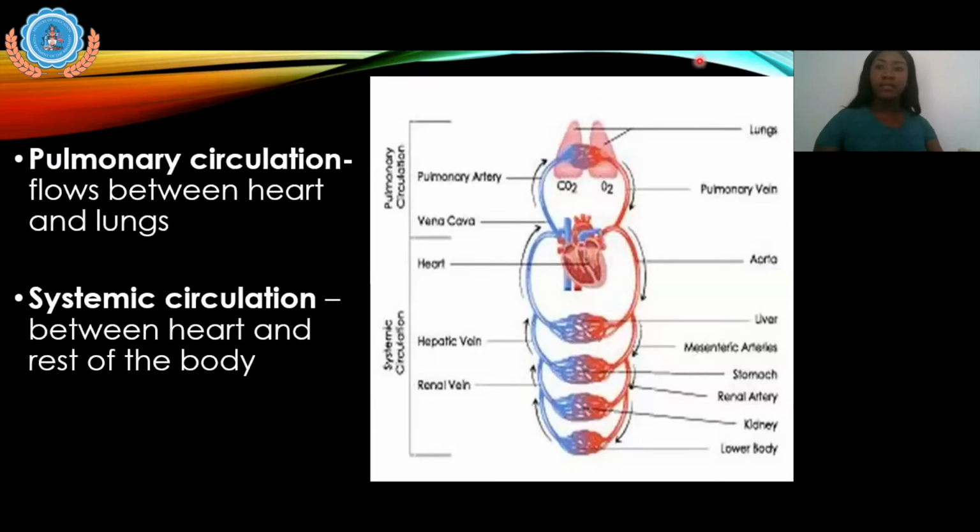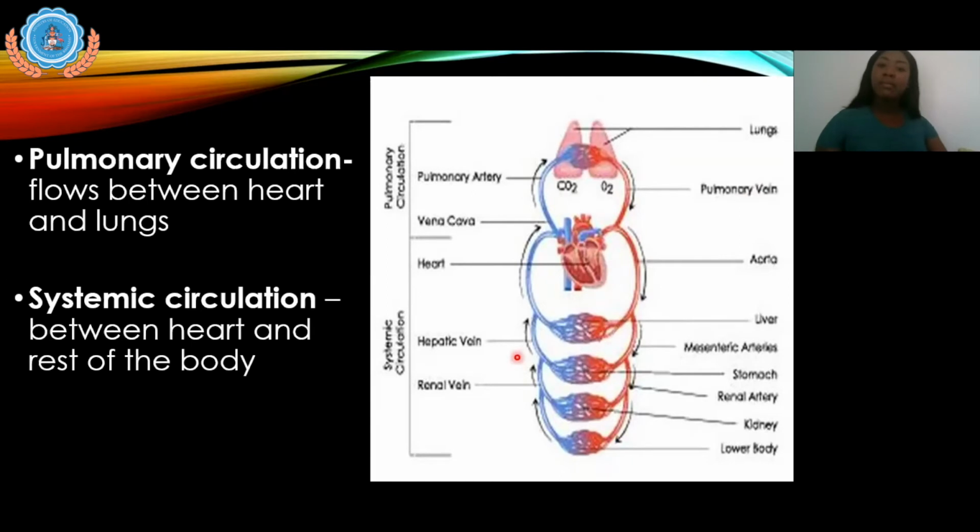So here we have it. We have pulmonary circulation, which flows between the heart and the lungs. So the pulmonary circulation happens with the vena cava, the pulmonary artery, the lungs, and the pulmonary vein.